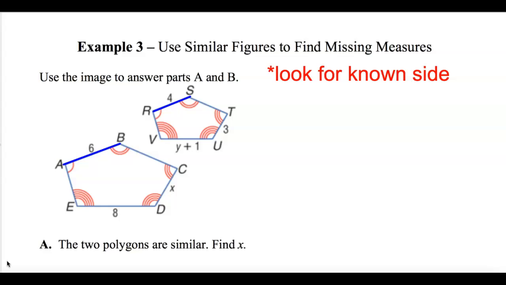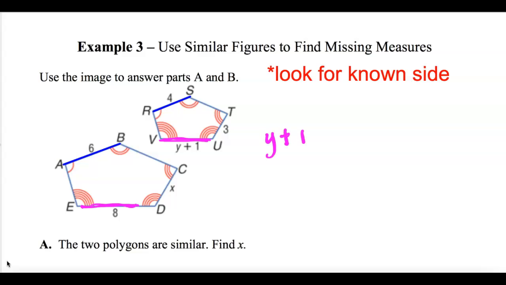All right, so in this case, you will be using similar figures to find missing parts. So for instance, in the first example, identify which parts are similar and then look for some unknowns. In the first example, they're giving us here that y plus 1 is similar to 8. Now remember, we can't just say that they're equal because they're not.